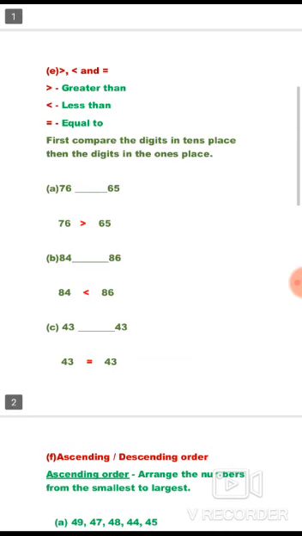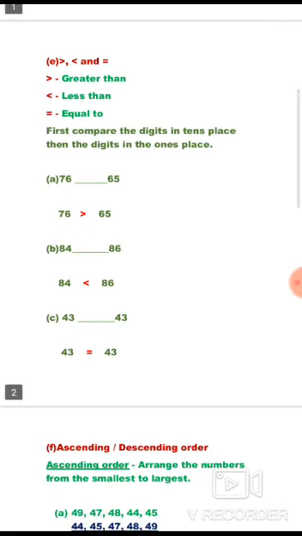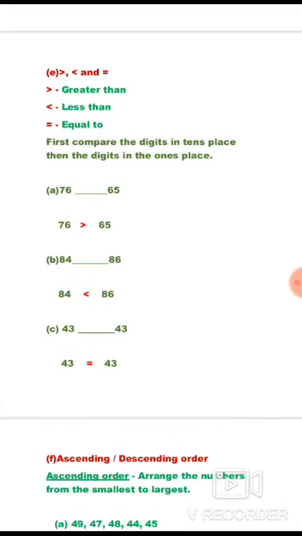Now, ascending order. In ascending order, we arrange the numbers from the smallest to the largest. The first example is 49, 47, 48, 44, 45. So you see which is the smallest number here.